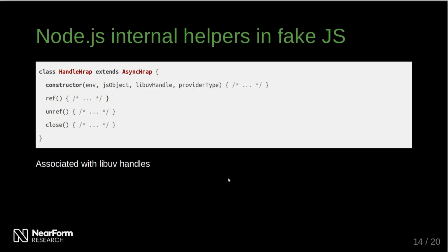And then again, one step below, there's this handle wrap thingy, which is an async wrap, which is a base object, which is a memory tracker, and it has some helpers for dealing with Libuv handles. In this concrete case, there's a close function which does what you might think it does. It closes the Libuv handle and renders it unusable, basically like deleting it.